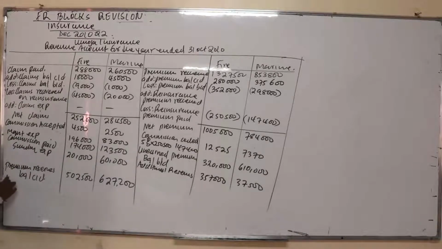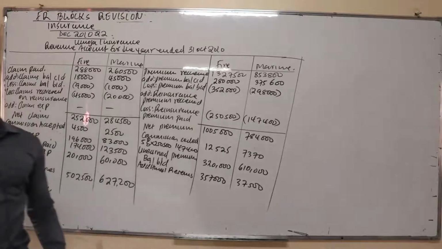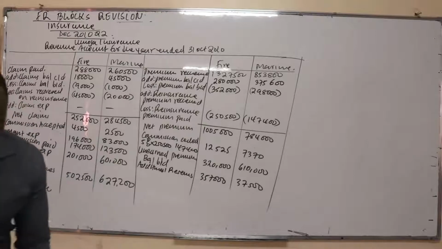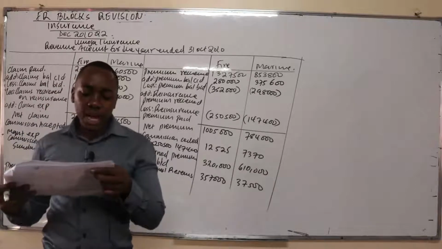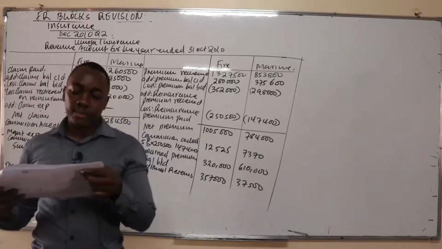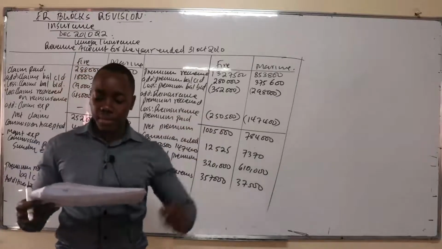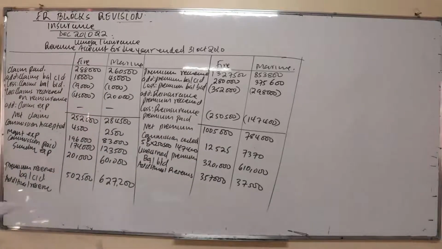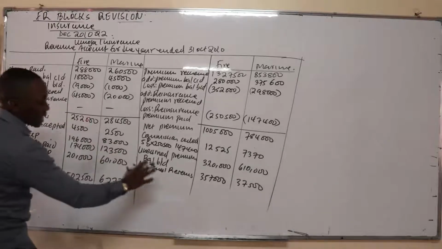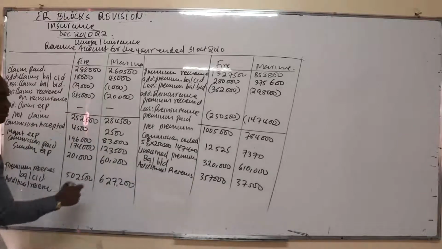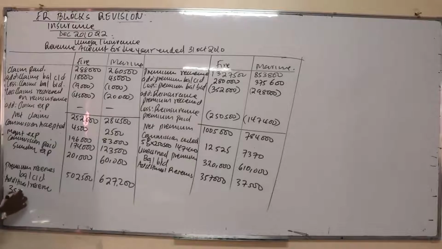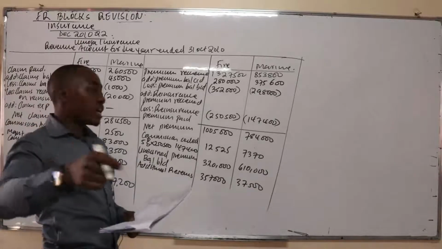Then there are additional reserves. So let's go to the additional reserves. For additional reserves, let's go to note number 3. Number 3, we were told that the first bullet, additional reserve for unexpired risk is to be increased by 5% and 3% of the net premium. You need to pay some attention here. Additional reserves, the opening balance, for example, for fire, was 357. We are told that it will be increased by 5% of the net premium, not of the reserves.